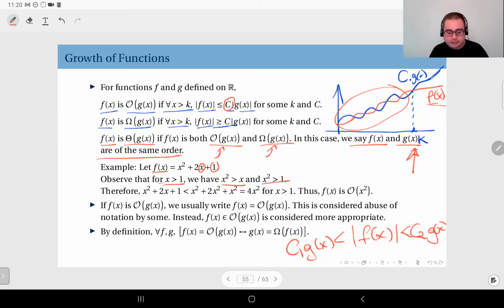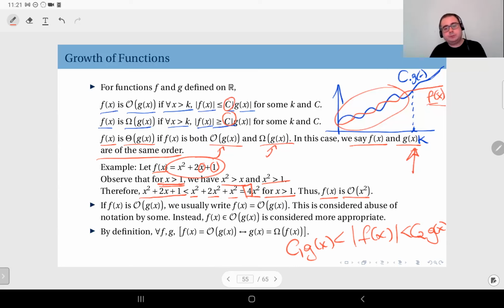So for x greater than 1, x squared plus 2x plus 1 is always less than x squared plus 2x squared plus x squared, so in total, 4x squared. And this holds for x greater than 1, and you see this 4 here serves as the constant c. So this satisfies the definition. Therefore, we say that this function, x squared plus 2x plus 1, is big O x squared.